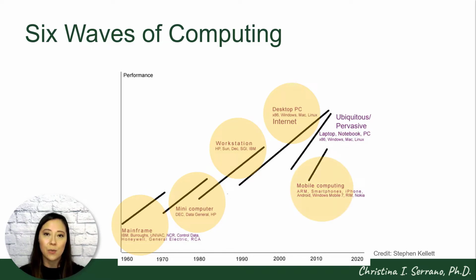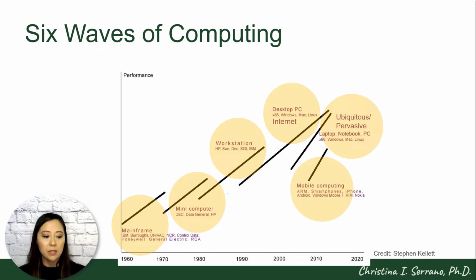And then the fifth wave of computing is marked by mobile computing. So this is when cell phones became really mainstream, and that led to smartphones also being very common. And now we're in the sixth wave of computing, which is known as pervasive computing or ubiquitous computing, because technologies have become so fast and so cheap that many people and organizations are able to incorporate these in their daily lives.